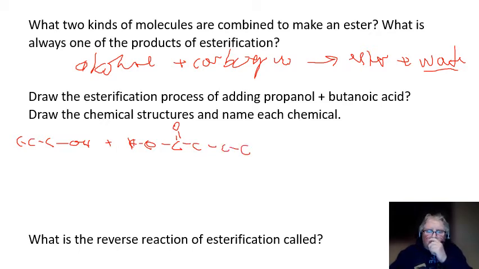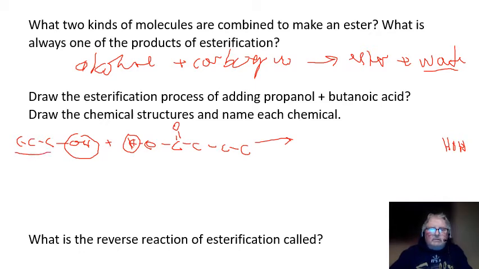So this is the OH, and so this right here is the carboxylic acid part. All right, when you combine them, what happens is this pops off here, and this pops off here to form water. And then this is a propyl, and it combines with this thing right here, and this is butanoic acid that's lost an H, so it's a butanoate.